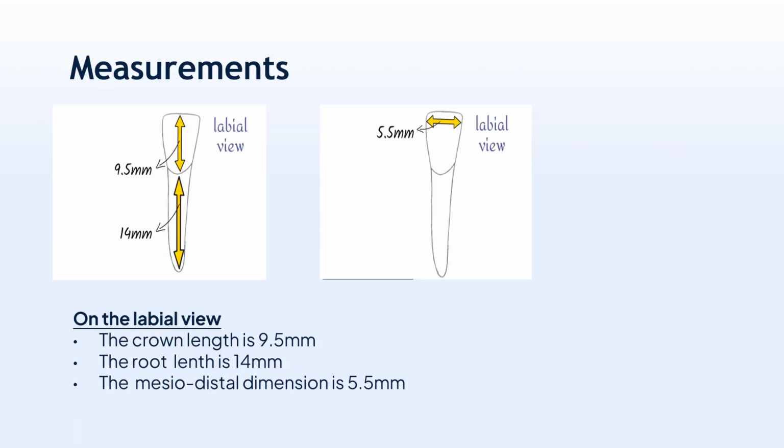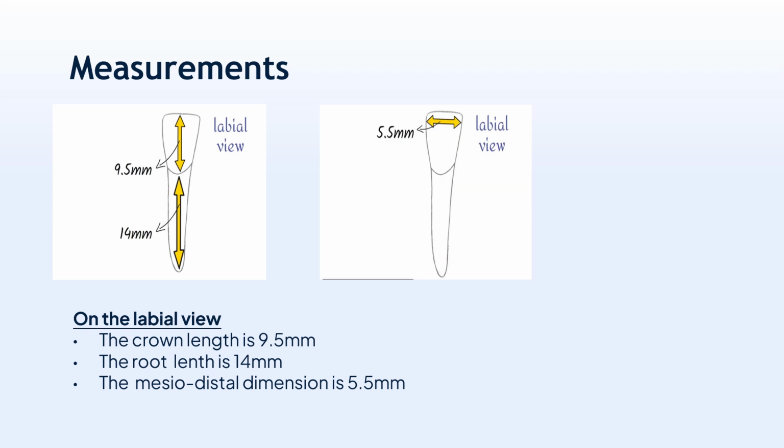Now I'm going to discuss the measurements of the teeth. When we look at the teeth on the labial view, the surface that is facing the lips, we see a crown length of 9.5 millimeters and a root length of 14 millimeters.